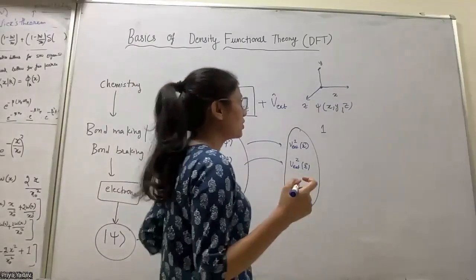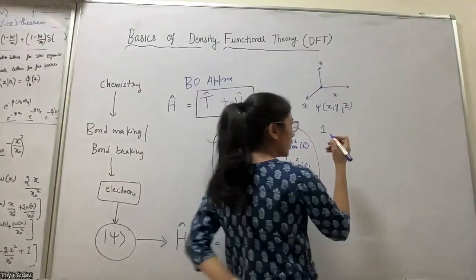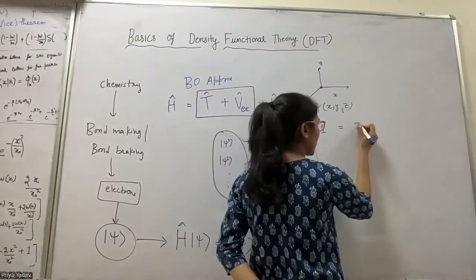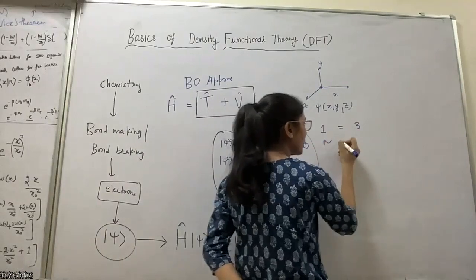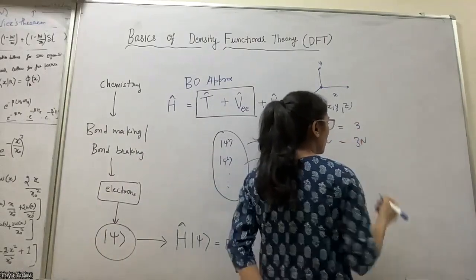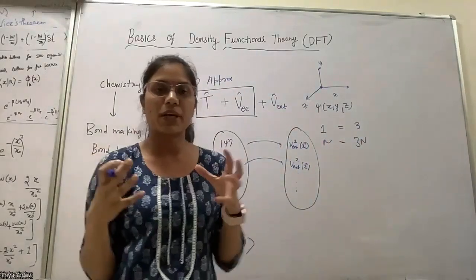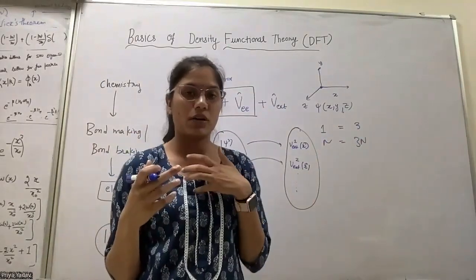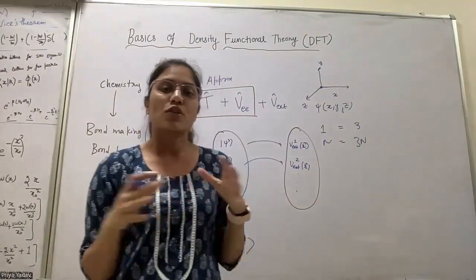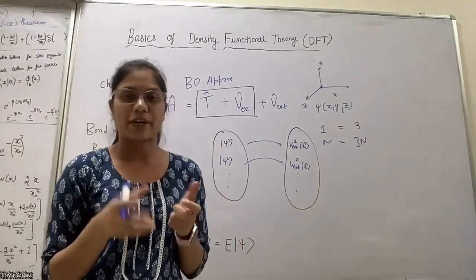So for one particle, the wave function depends on 3 coordinates. If I have n particles, it will depend on 3n coordinates. For many-body systems with a large number of particles, handling the wave function is very difficult.